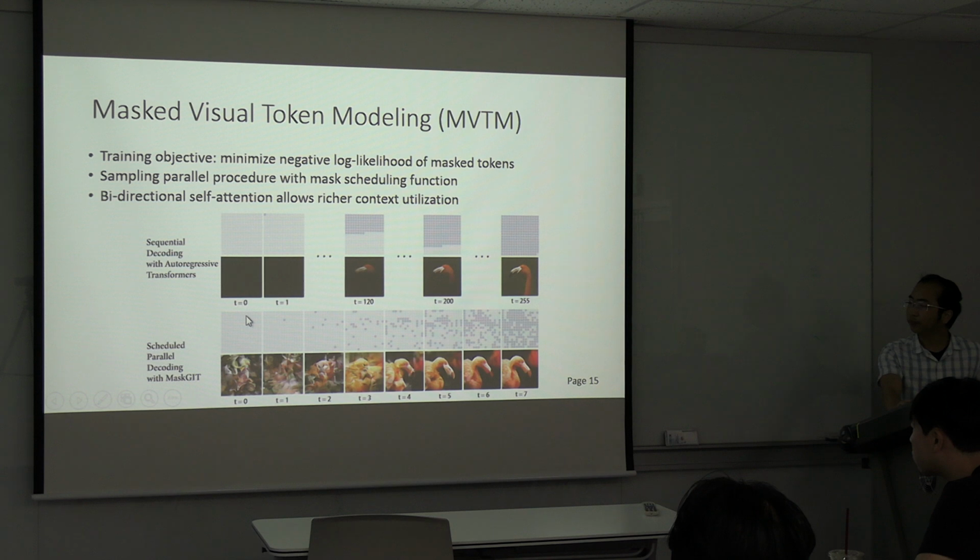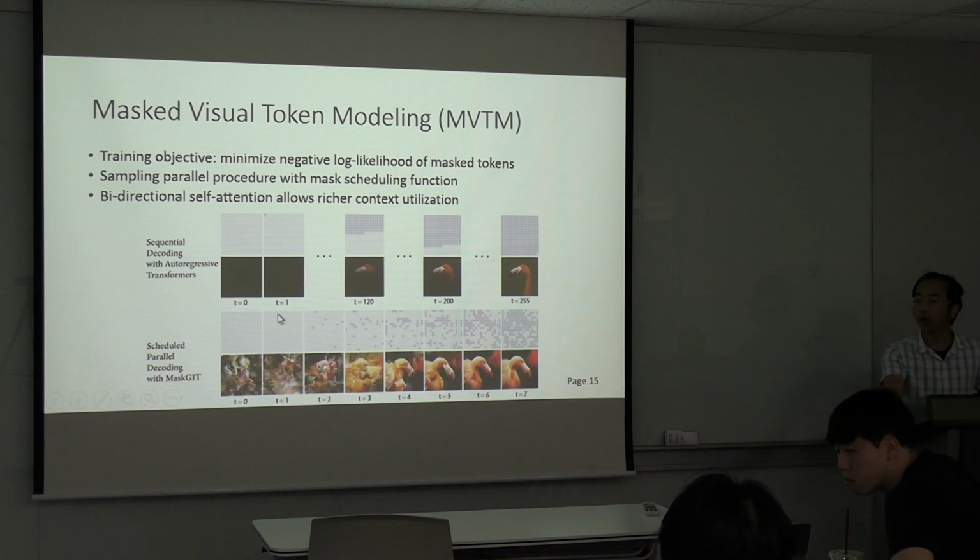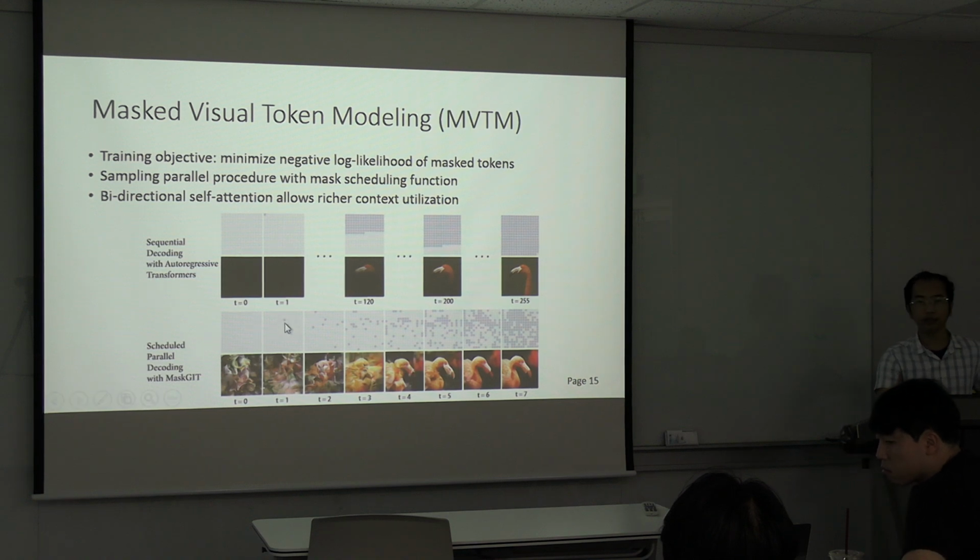Not one by one, I mean the first step we mask everything. But after that, it predicts the masked values, and they propose some confidence score, so that they only pick the tokens that have the highest confidence score and keep them.